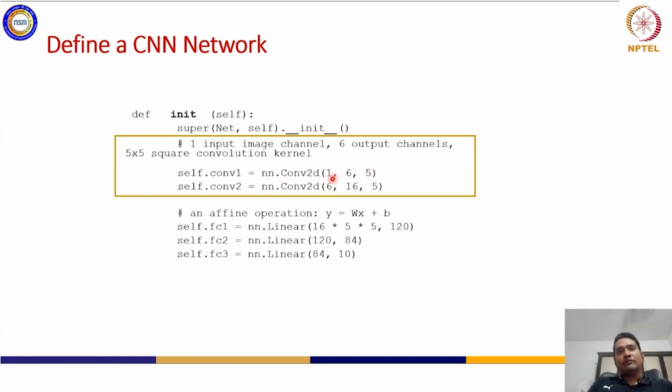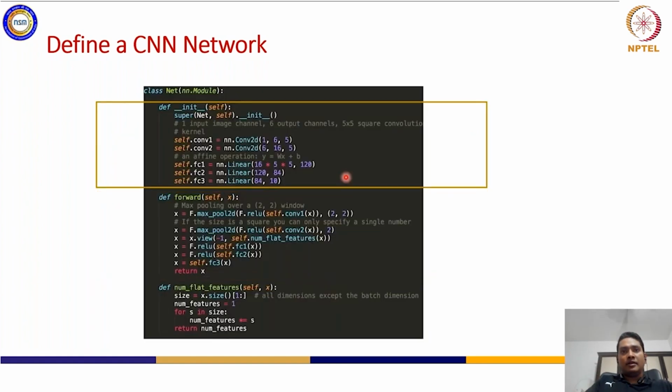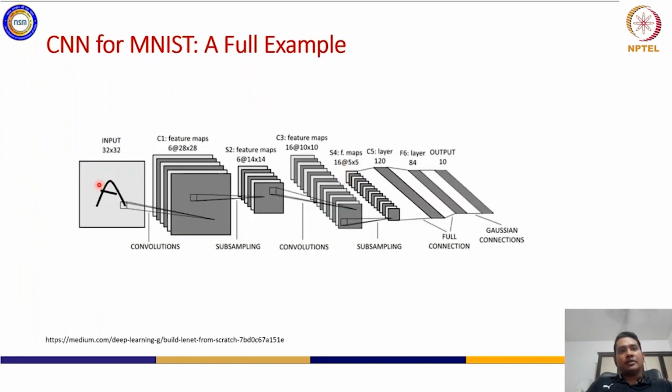The first dimension here is the depth of the filter that we want to convolve with, and then the number of filters. So basically we have only one depth. If you see this structure, this is one input that we want to convolve with some filters. How many filters are we trying to convolve with? 6 filters in this convolution layer.